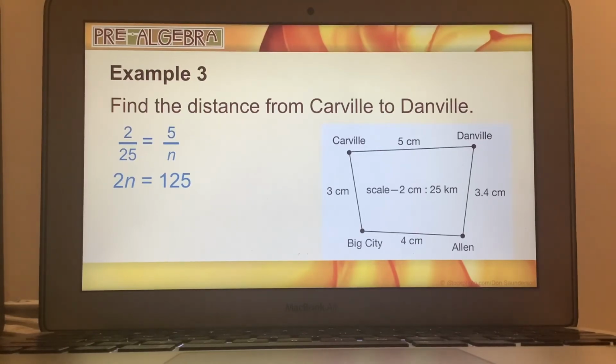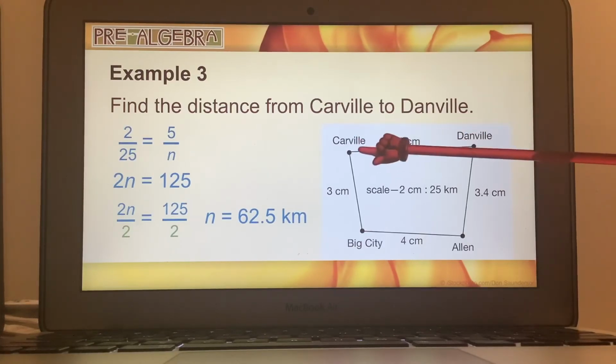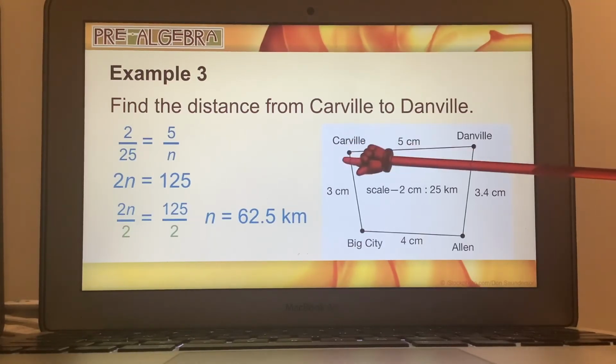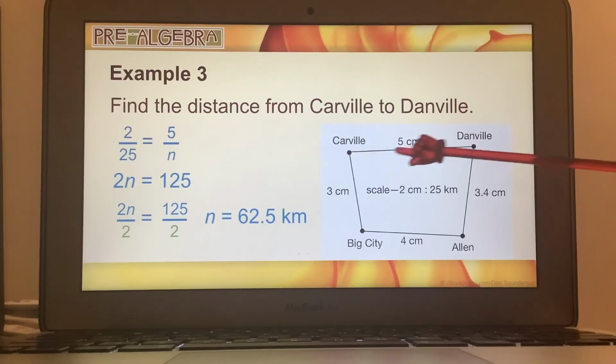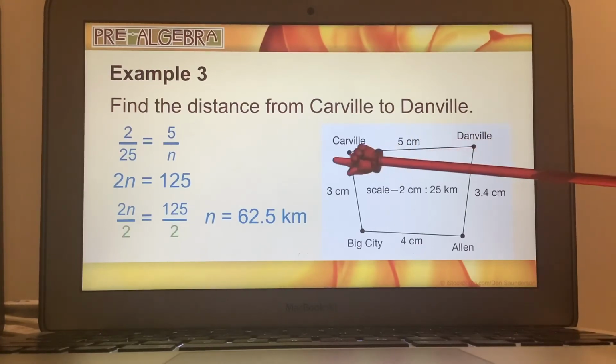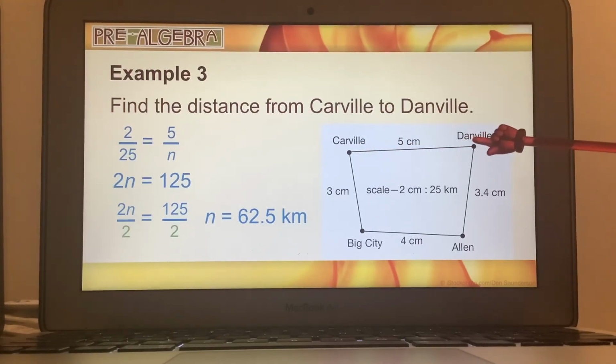Then for n, we would divide by 2, and 125 divided by 2 gives us 62.5 kilometers.